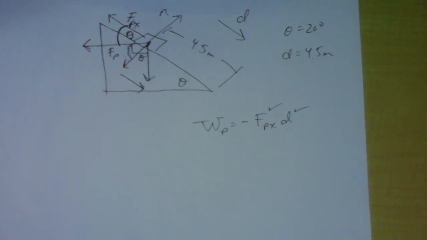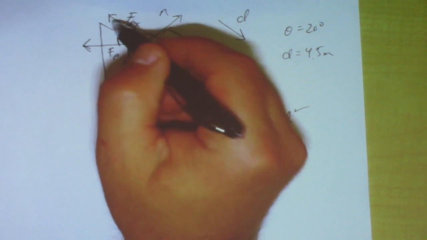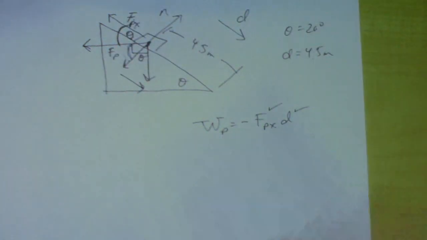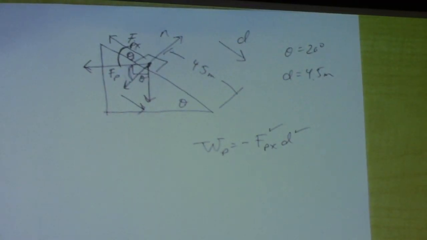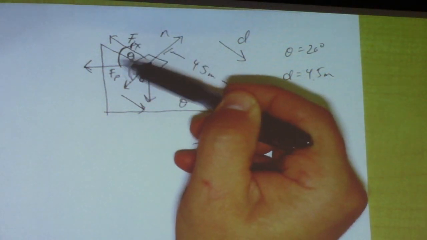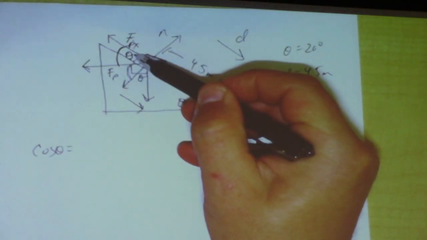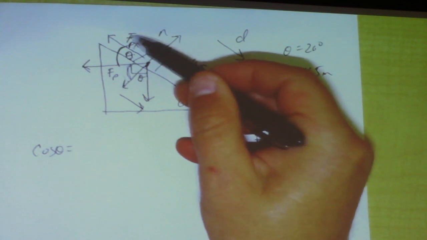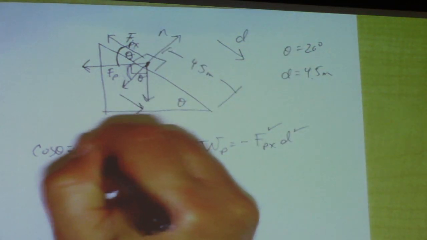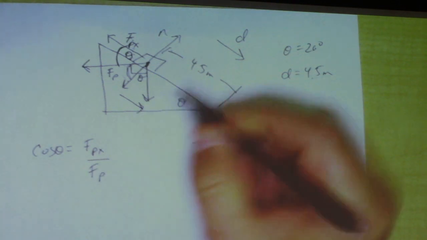Okay, good. So let's take a look at this and figure out which one of these is actually going to work for us. The formula has cosine of theta, but I don't know if this is the theta in the formula. So let's take a look. Cosine of theta, looking at this picture, is the adjacent side, and this actually is the adjacent side, force by Paige in the x direction, divided by the hypotenuse.